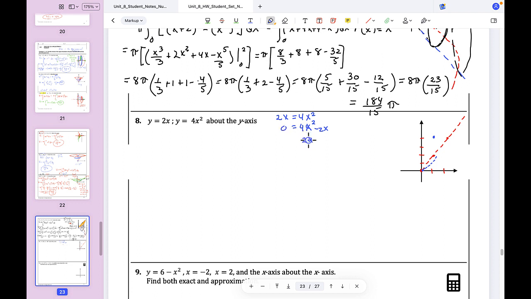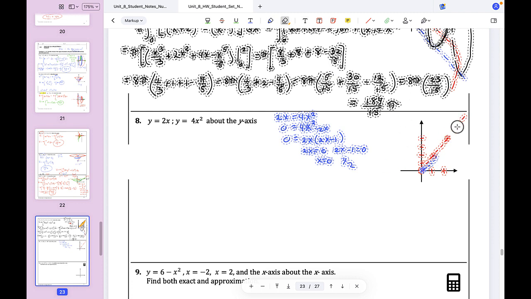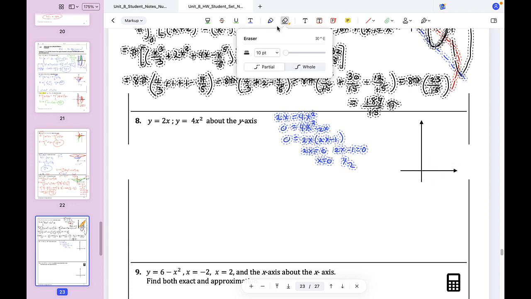So we'll take a 2x out of there, so that's going to be 2x minus 1. So they're going to intersect at 0 and at 1/2.